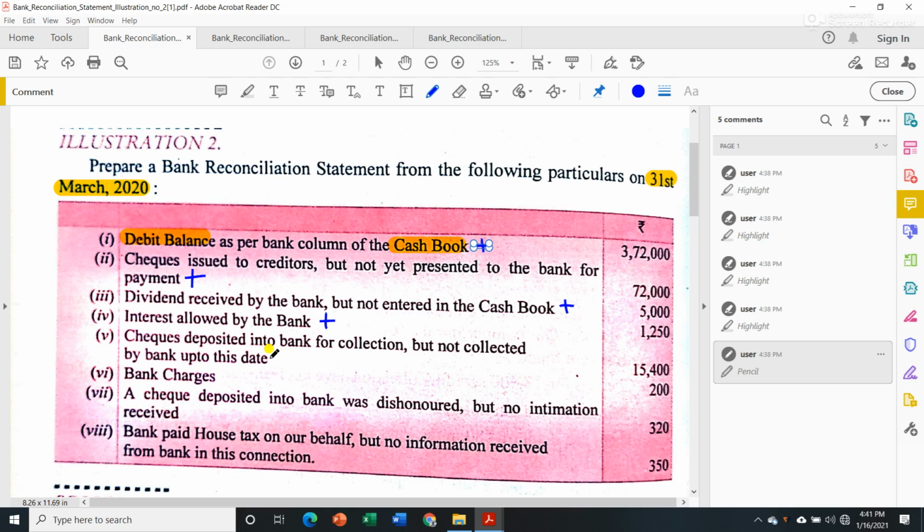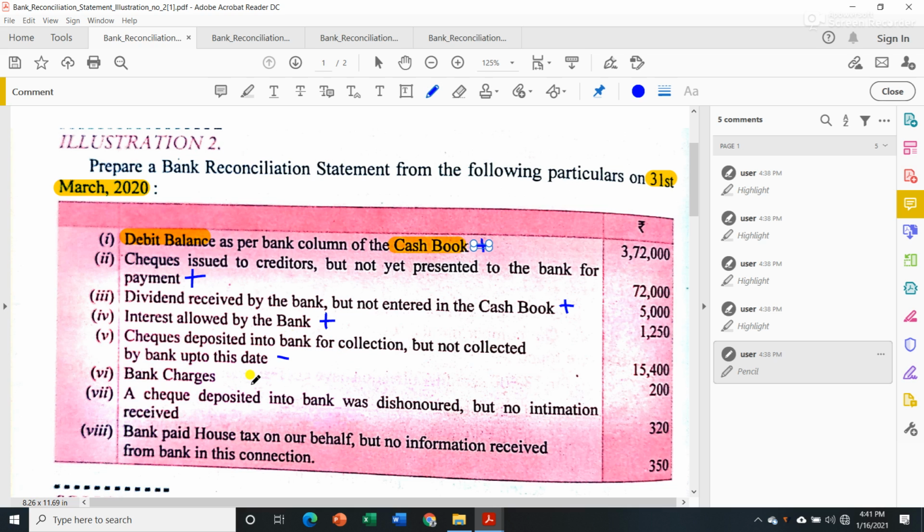That means we assume that we have already received money in our bank account, but since the bank has not collected the money from our customer, our bank account will show less amount as compared to our cash book. So in that case we will bring down our cash book balance, and we can do that by deducting this amount. So it will come in the minus side.